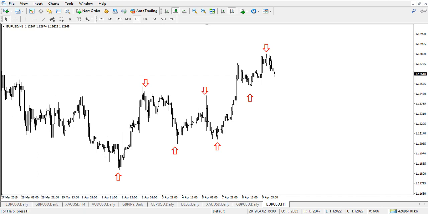Okay, so let's say that we have an uptrend. An uptrend means that we can think about having a line that is up, that is bullish. So the first thing, look at the chart, see the trend that you have on the chart. If you have an uptrend, this means that you might have an uptrend line.